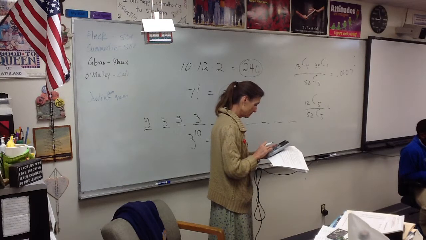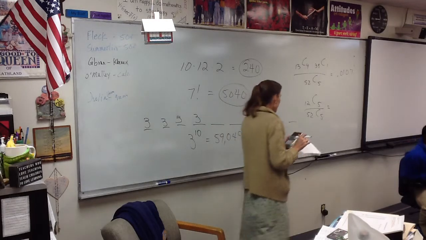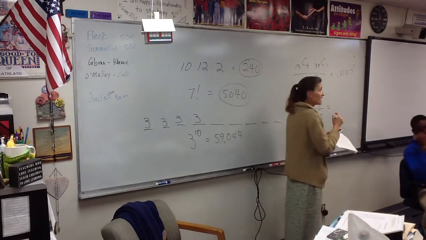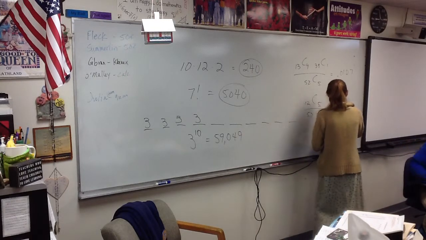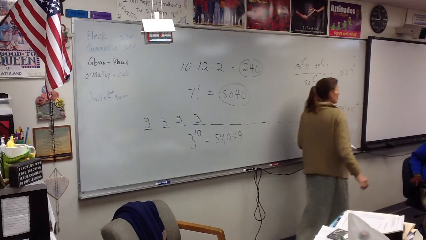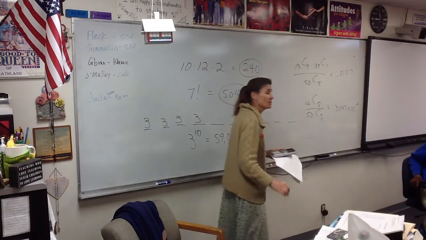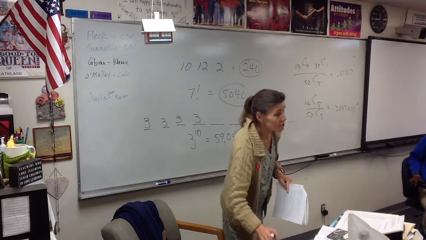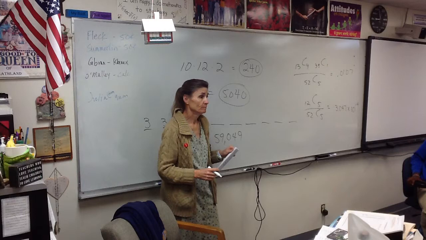12C5. Now, as often happens, this came out in scientific notation. So when I write it down, I can go ahead and write scientific notation. There is not a problem with that. Or you can change it into a standard form decimal.